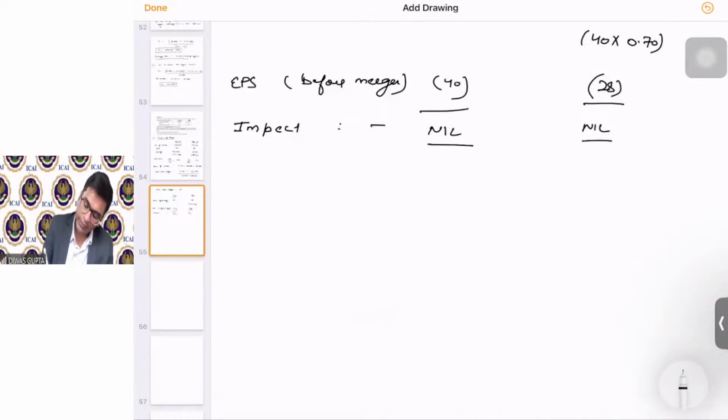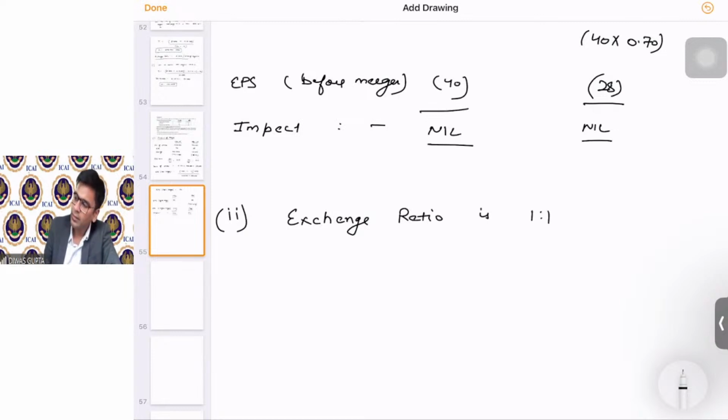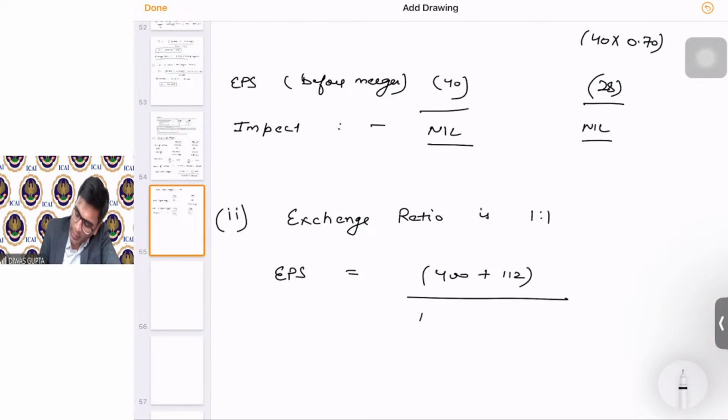So let's calculate first the revised EPS post merger, assuming 1:1. So if exchange ratio is 1:1, the EPS will be 400 plus 112, the earnings remain same, and in the denominator, it will be 10 lakh plus 4 lakhs. So this becomes 36.57 per share.